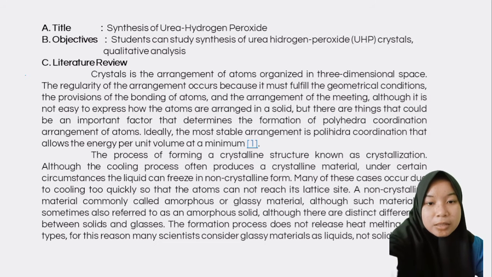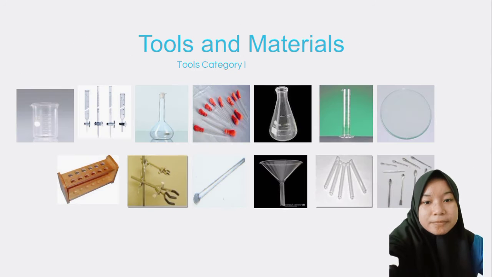A non-crystalline material is commonly called amorphous or glassy material. Although such material is sometimes also referred to as an amorphous solid, the formation process does not release heat like melting, so for this reason many scientists consider glassy material as liquid, not solid.